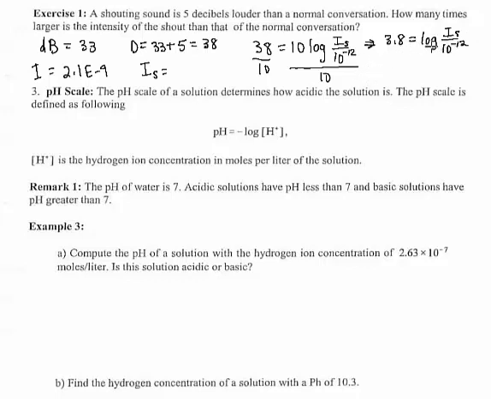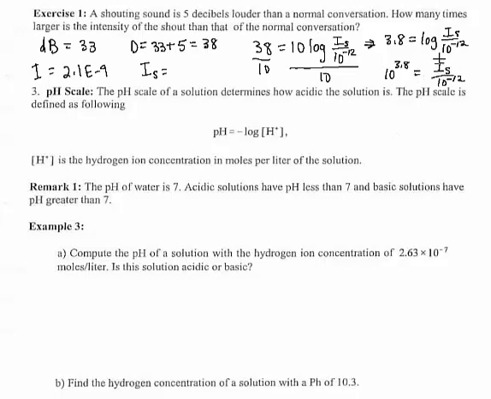And now if we convert this to the exponential form of the equation, we would write 10, which is the base of the common log. Log equals the exponent, so 3.8 would become the exponent of the 10, and that would be equal to the intensity of the shout divided by 10 to the negative 12.